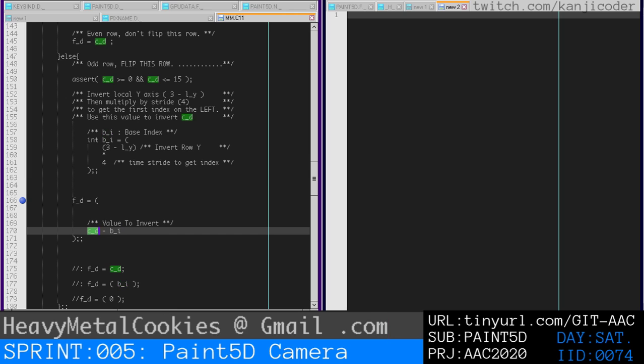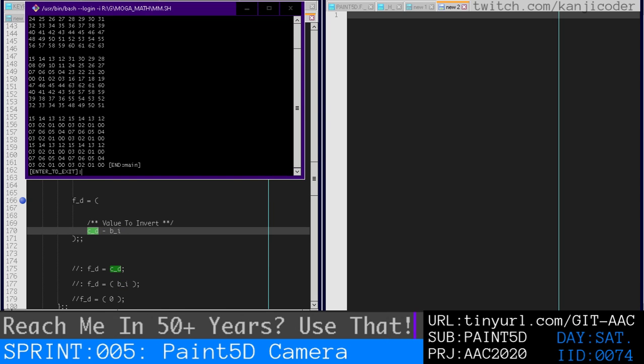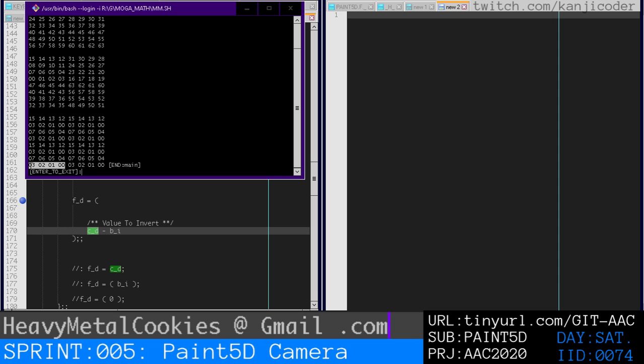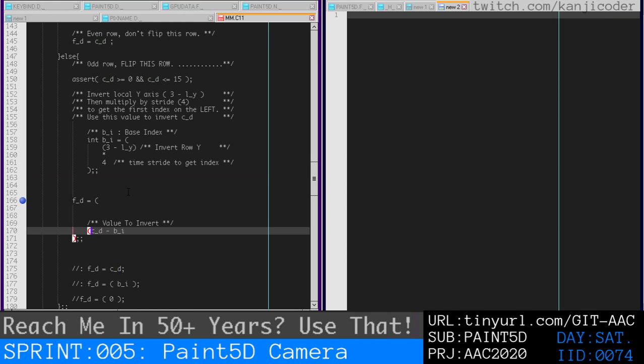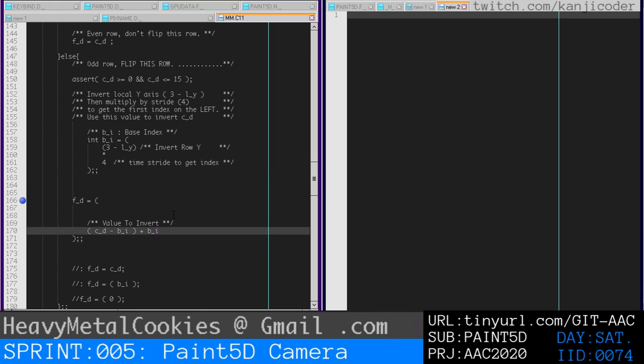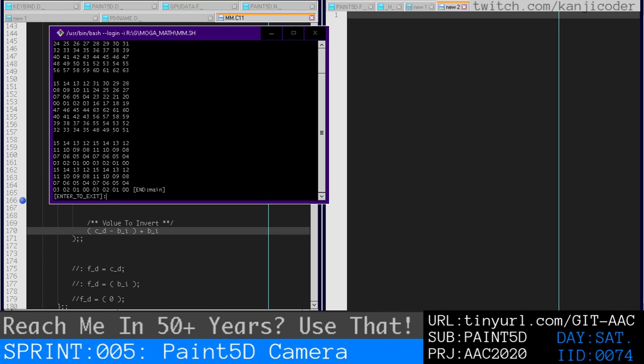I think that's all we gotta do. We just gotta add the base index back on. Let's check that out. So now 0, 1, 2, 3, 4, 5, 6, 7. So I think we have this correct now.